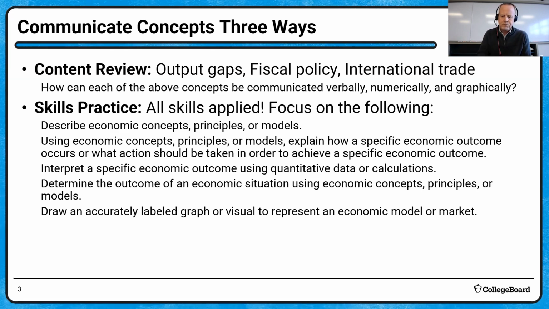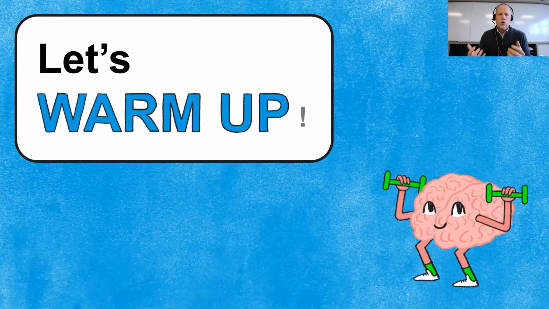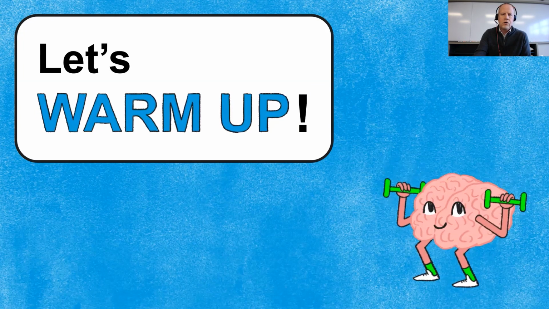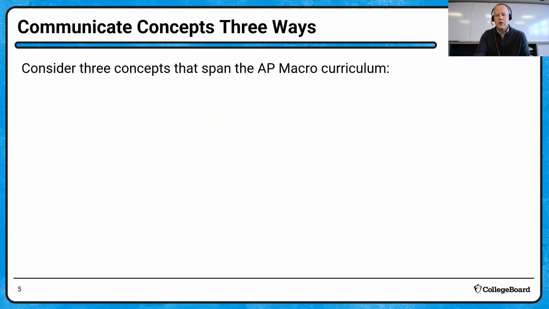So let's go there. To start off, we're just going to warm up a little bit, just a little refresher about what we're talking about here, in particular with regards to those three concepts. I chose them again because starting at Unit 3, really these concepts span the entire AP Macro curriculum. Units 1 and 2, they're just getting our feet on the ground. We're just starting to understand what macroeconomics is and how it works. But from Unit 3 on, we're really doing macroeconomic analysis. So we're looking at output gaps, that difference between actual and potential GDP.